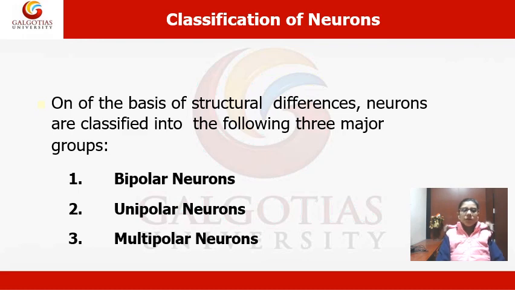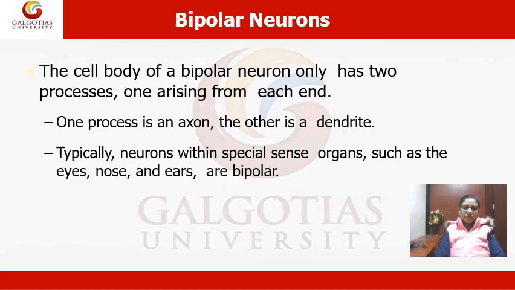Next is classification of neurons. We can classify neurons on different bases. On the basis of structural differences, neurons are classified into the following three major groups. First is bipolar neurons, second is unipolar neurons, third is multipolar neurons. First, bipolar neurons.